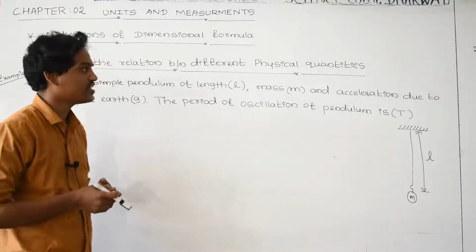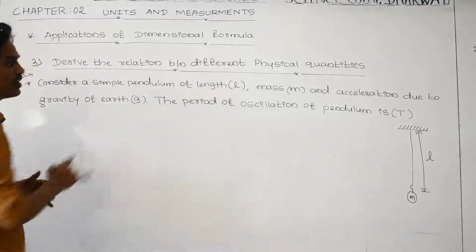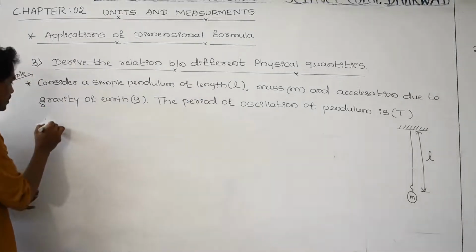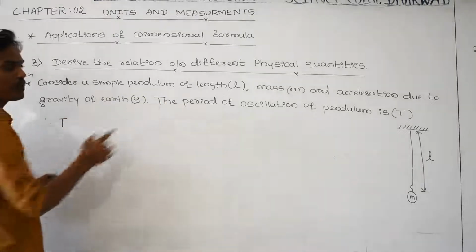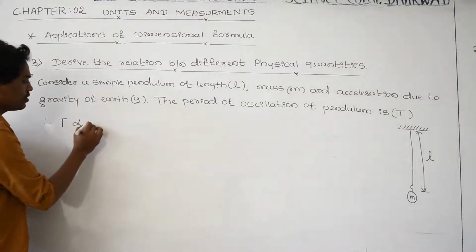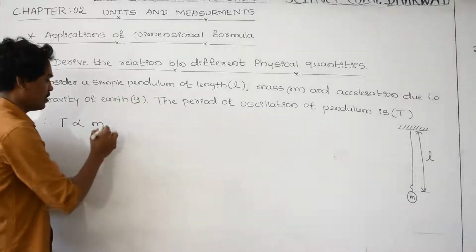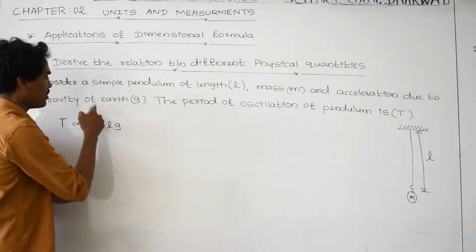I have taken this example. Let us see what is the relation between these 4 physical quantities L, m, g and T. Let us take T, which is nothing but the time period of the pendulum, as directly proportional to the mass, length and g of the pendulum.